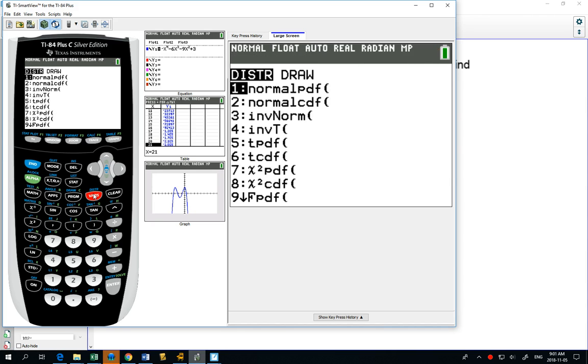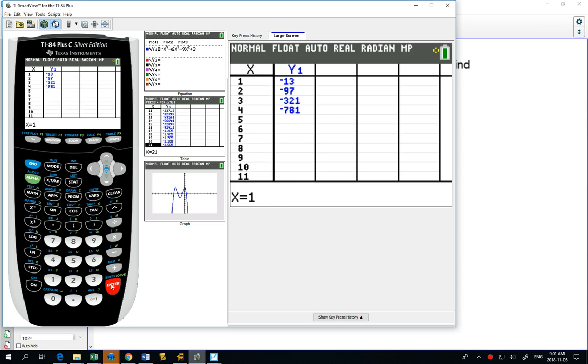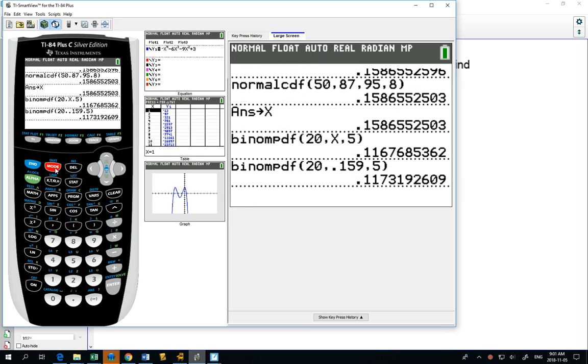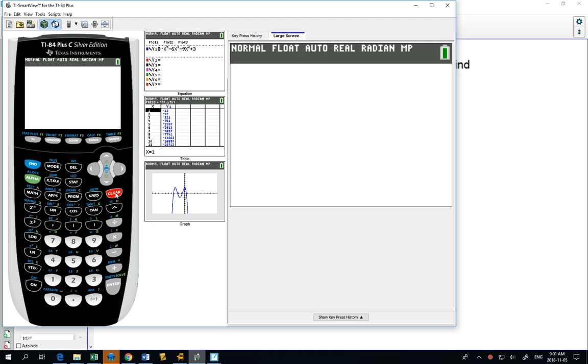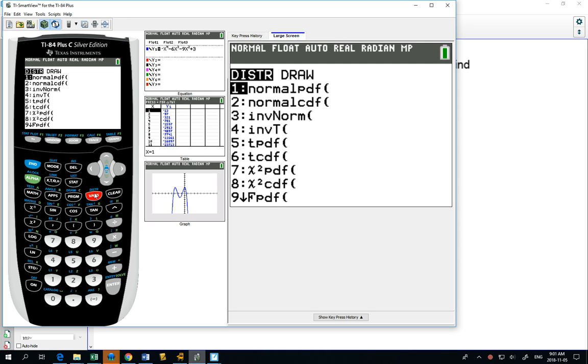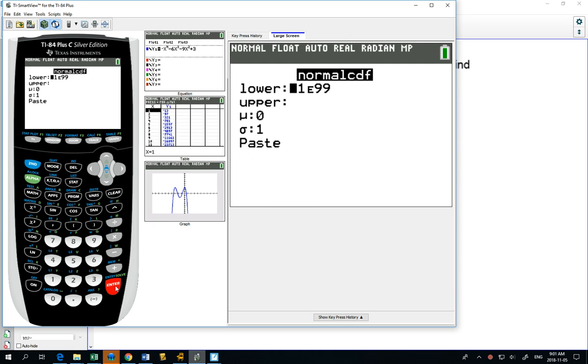go to our distributions, normal CDF. Whoops, get out of this mode first. Clear everything. Normal CDF, we have no lower, so we can leave the -1 E 99 as a very big lower number. Our upper was, now I've forgotten it, 2.68.